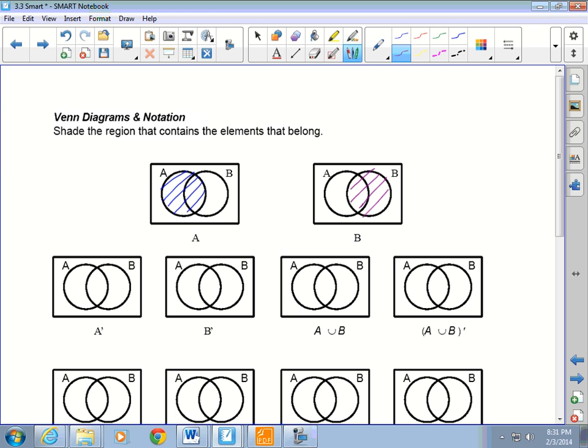Elements of A prime then. That's everything that is not in A. So everything not in A is going to be this, along with everything that is on the outside.